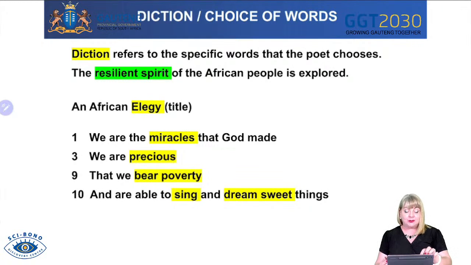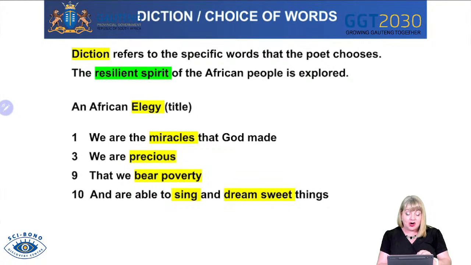The poet says that we, the African people, are still miracles and we are precious. So you can talk about how all of these words link back to this idea of a resilient spirit. And remember, as you're writing, you're going to go back to your question constantly in that whiplash fashion and remind yourself whether or not you're still answering the question.